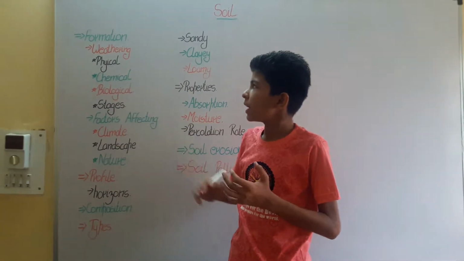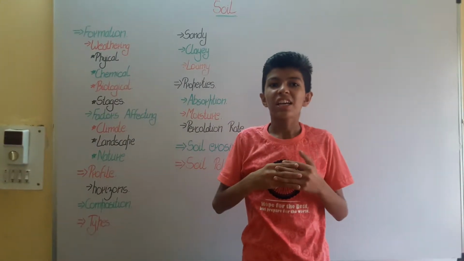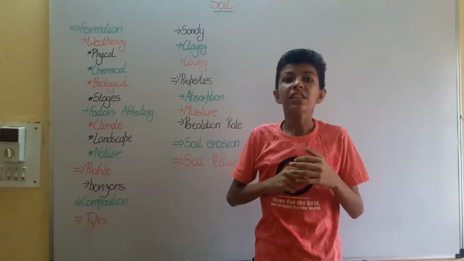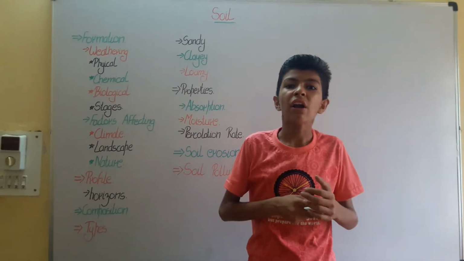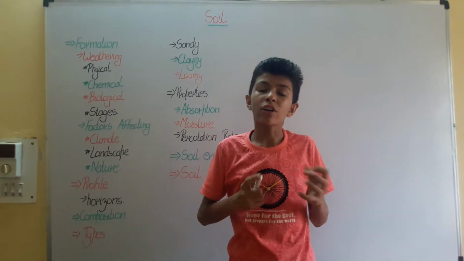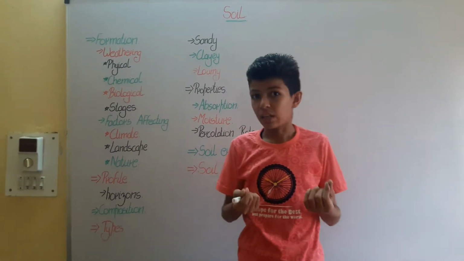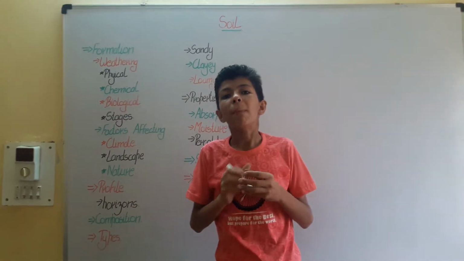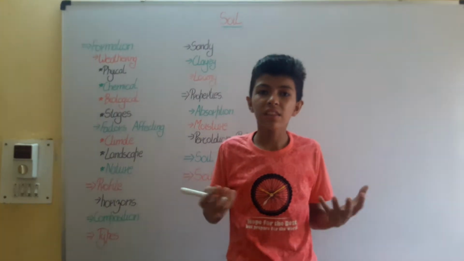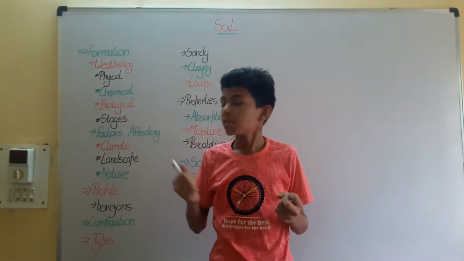Then chemical weathering. So what is chemical weathering? Chemical weathering is weathering done by chemicals that act on the rocks and break them into pieces, which converts the rocks into soil. Then we have the biological way, in which microorganisms living in the soil help in breaking down the rocks.